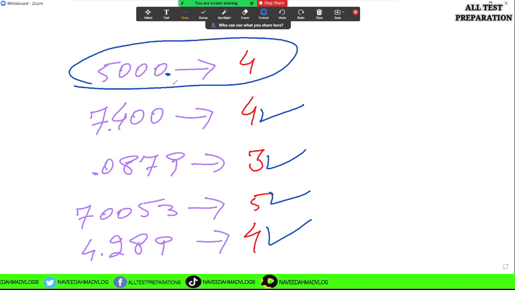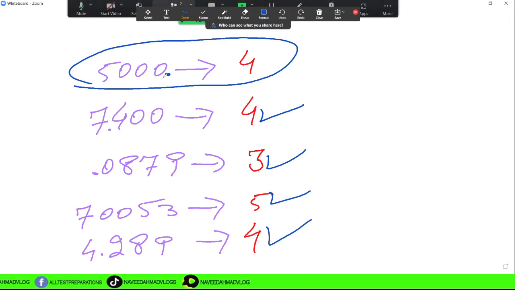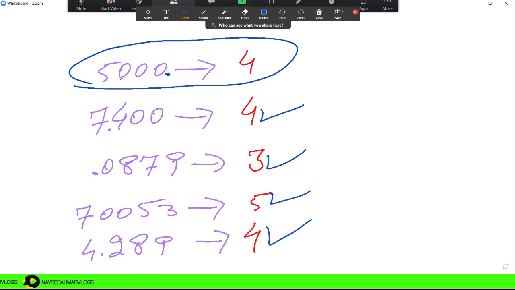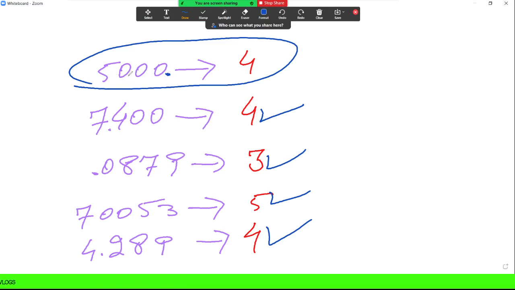I think, so if there is a decimal point in a number, then all these are your significant numbers. If 0 comes after a non-zero digit, then you will need to count all these zeros in significant figures if there is a decimal point. You will need to remember this.